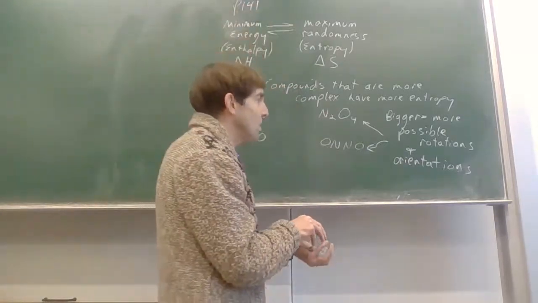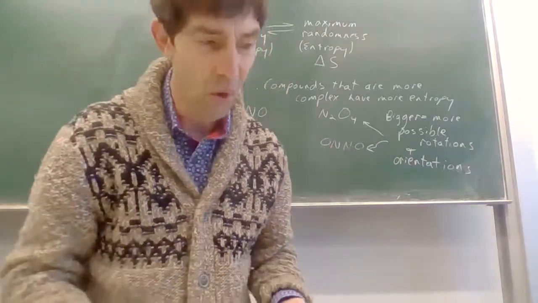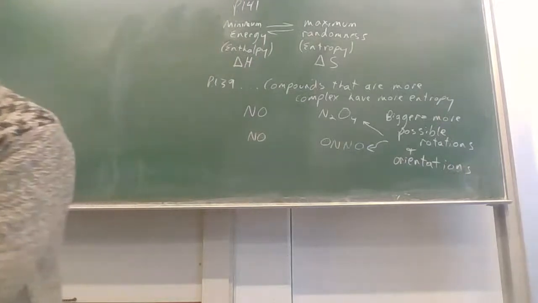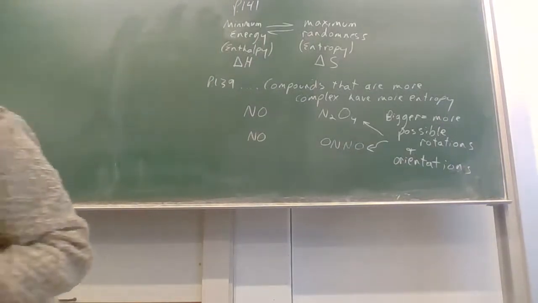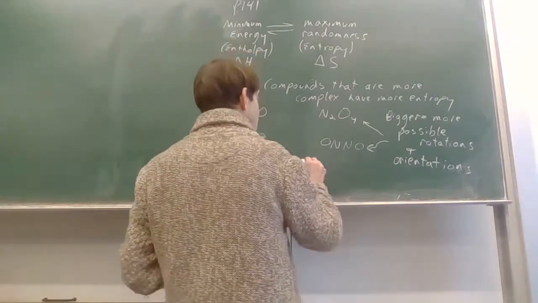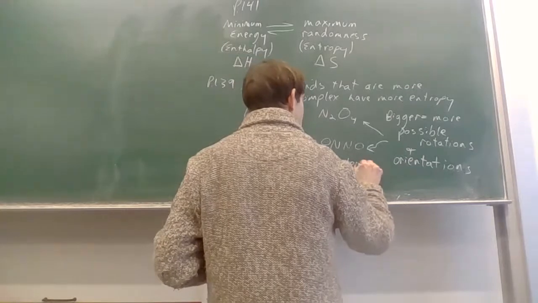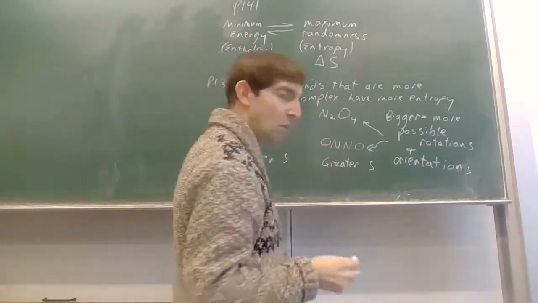So there's more possible rotations. What I'm trying to say is N2O4 has greater entropy than NO. And you'll see those values in the book there. Okay, so page 139.